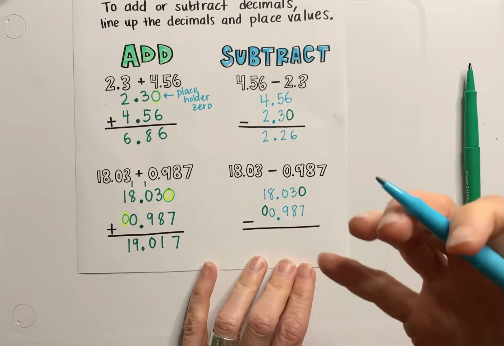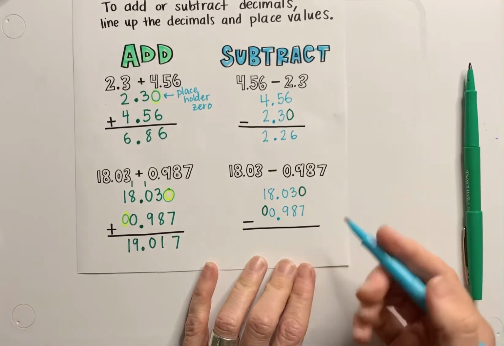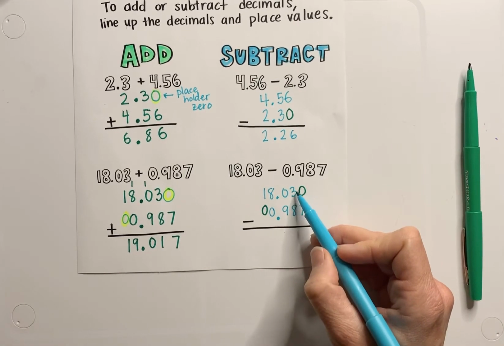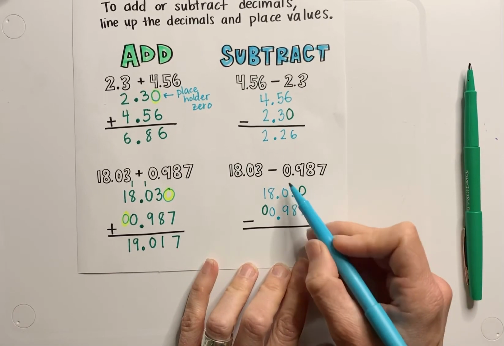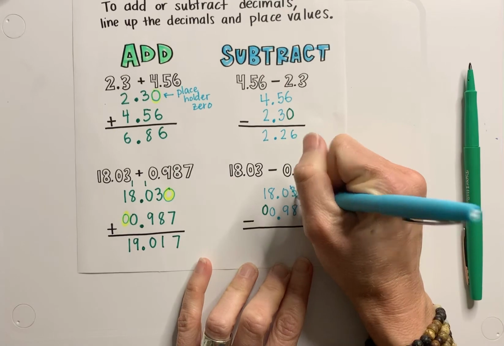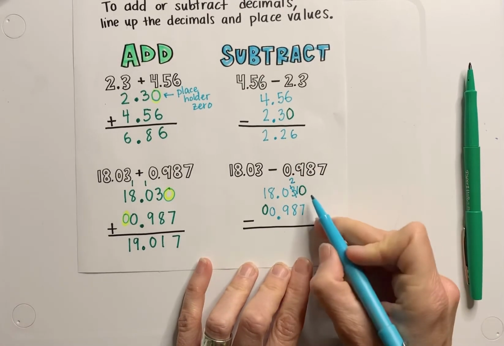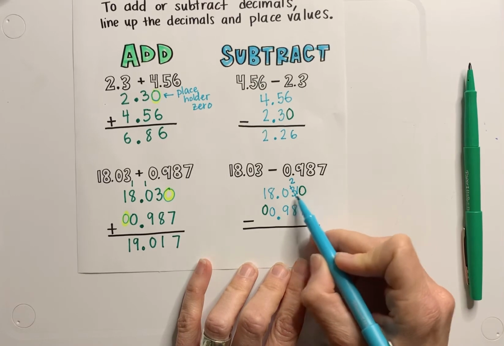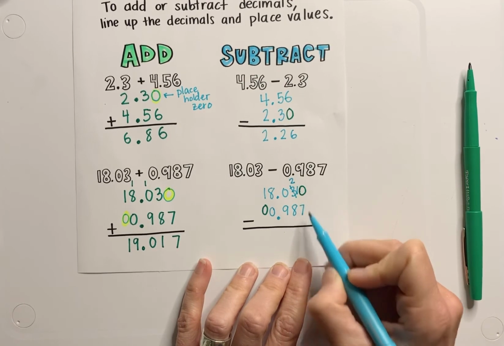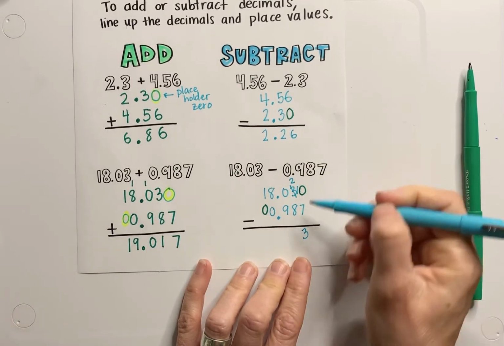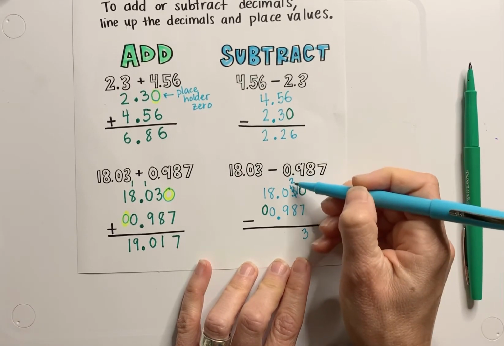Now, I can't take away 7 from nothing, so I need to regroup. I'm going to go over to this hundredths column and take a grouping of 10 away from that, so that 3 becomes a 2, and I'm going to regroup it over here. So I now have 10 thousandths, so 10 minus 7 thousandths is going to be 3. I'm now going to subtract my next column, 2 minus 8.